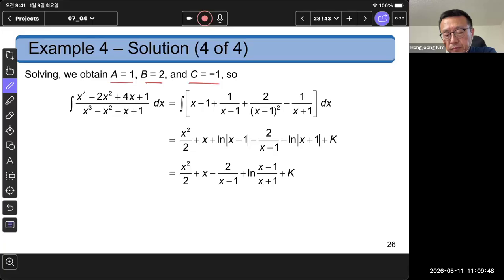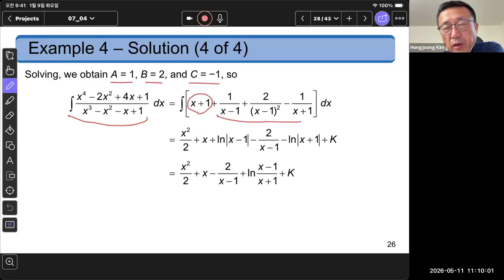So my original problem can be written as the integration of this simple polynomial plus the sum of these three partial fractions.